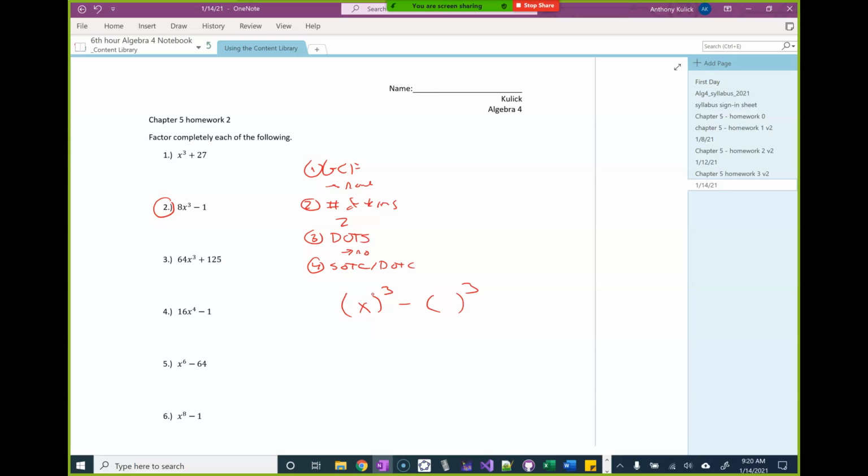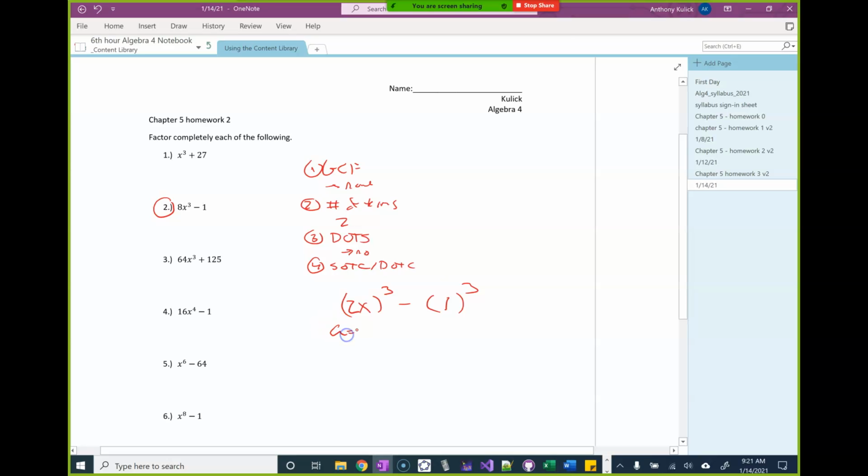So 2 to the third is 8. So I want to write that as 2x to the third. And then 1, I need to write as something cubed. Well, 1 is the same thing as 1 times 1 times 1, right? So 1 to the third is also something cubed. Everybody okay there?